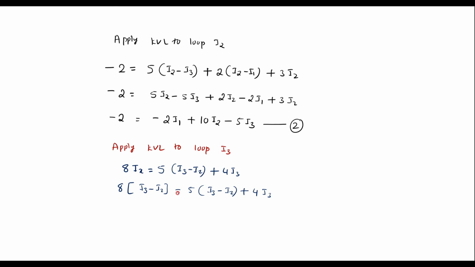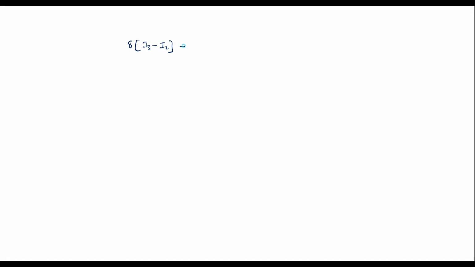I'll take the 5 times I3 minus I2 term to the left hand side. It will be 8 minus 5, that is 3, so we have 3 times I3 minus I2 is equal to 4 I3.